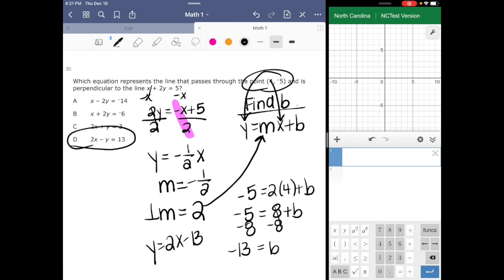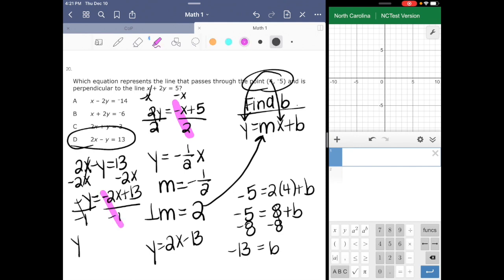But if I'm looking close, the answer is going to be D, because if I solve for y, it has the 13 in it. So we're going to subtract 2x. Negative y equals negative 2x plus 13. And then we've got to make sure we divide by negative 1. So that's going to give me positive 2x and negative 13, which is the correct answer.